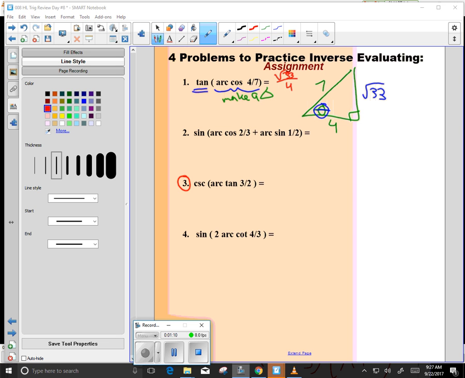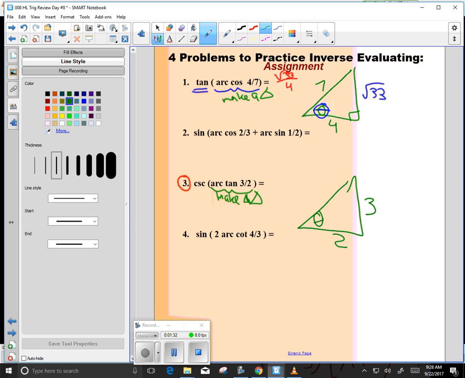Try that one. For this second one, you have arc tangent in parentheses. Make a triangle. Got it? And so then when we make that triangle, we're going to represent it in the SOHCAHTOA fashion of tangent, 3/2.